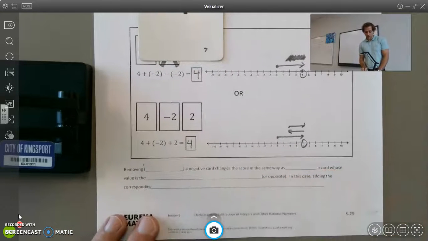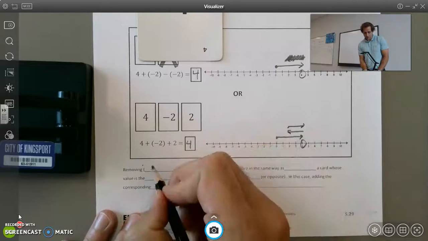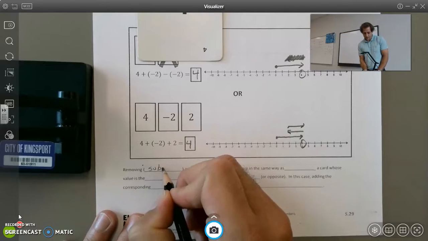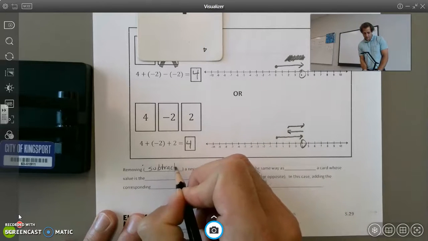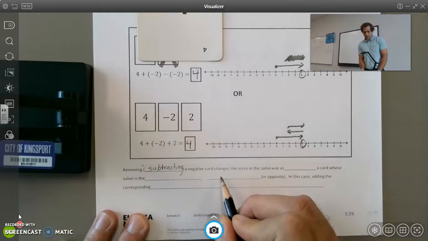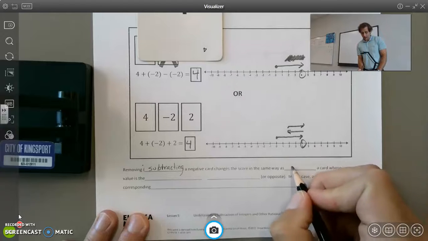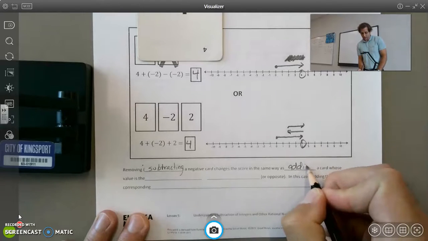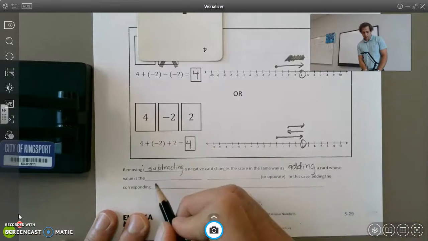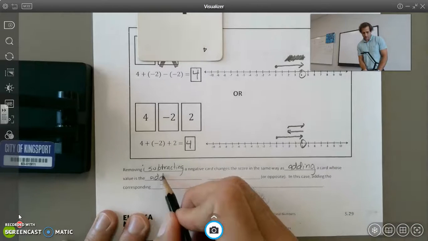The point being that removing or subtracting a negative card changes the score in the same way as adding a card whose value is the additive inverse.